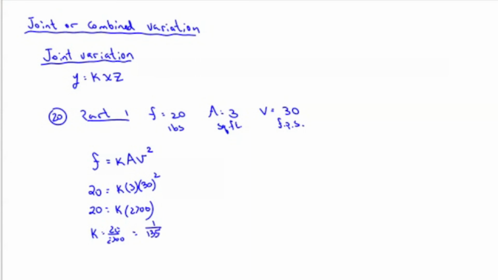So there's K. Now we can come up to our formula, part 2. What information were we given for part 2? The area is increased to 5 square feet and the velocity is reduced to 25 feet per second. What's the formula going to look like?